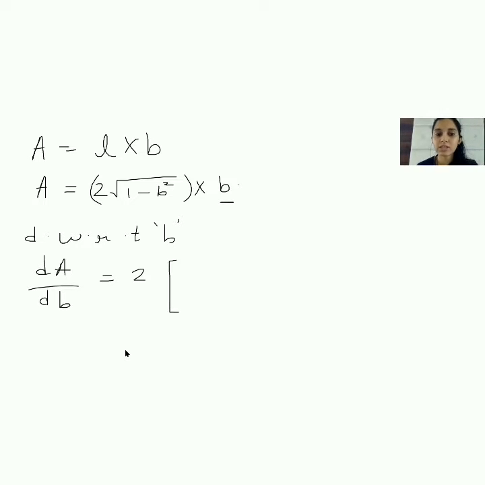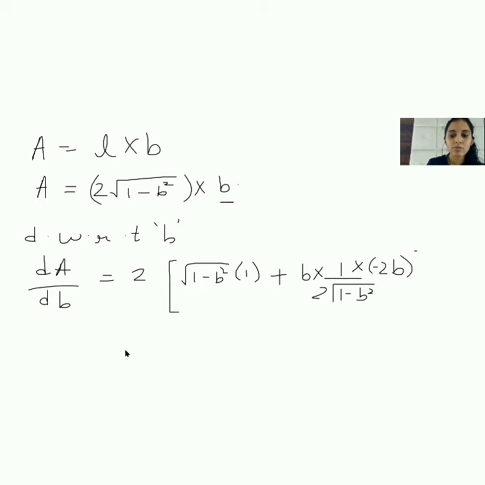This is a product, so first term as it is, derivative of the second term, that is 1, plus second term as it is, derivative of the first term, 1 upon 2 root of 1 minus B square into minus 2B.